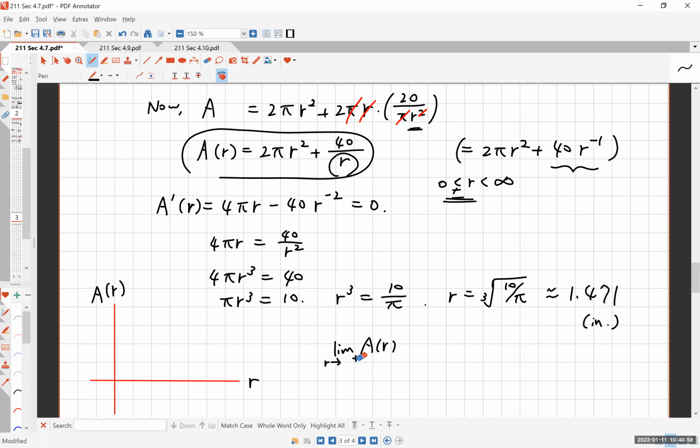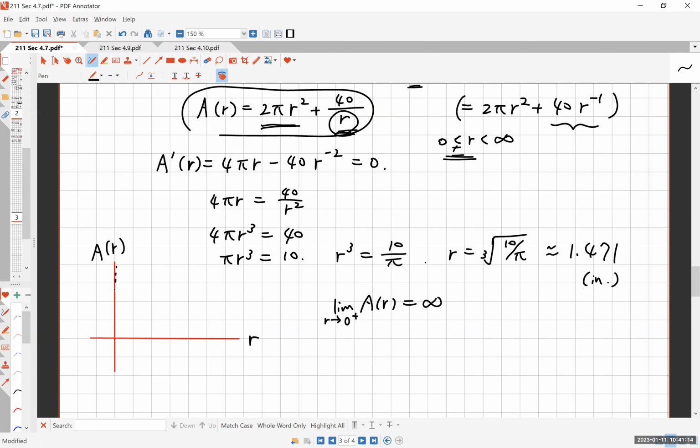Remember, r is not negative, so you only approach 0 from the positive side. But as you do so, this part becomes 0, but this part blows up. r goes to 0 from the positive side, so 40 divided by r goes to infinity. Okay, so you have a vertical asymptote right here.